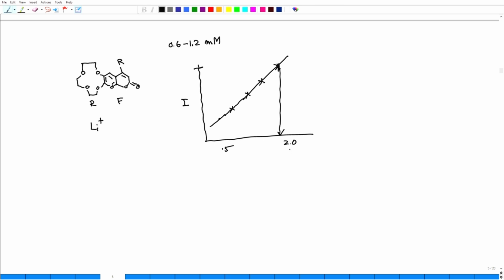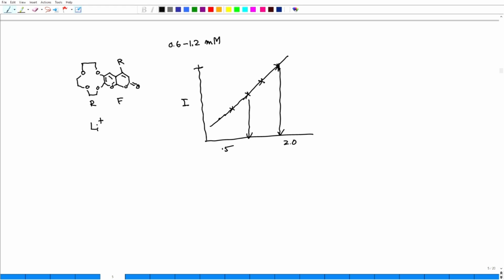So, there is a problem, we cannot give excess lithium, we have to give around here, when the fluorescence intensity is here. So, from intensity we can know approximately the concentration of the particular analyte.